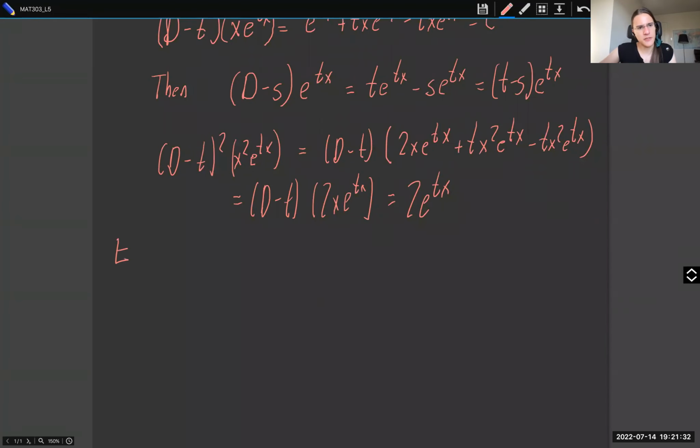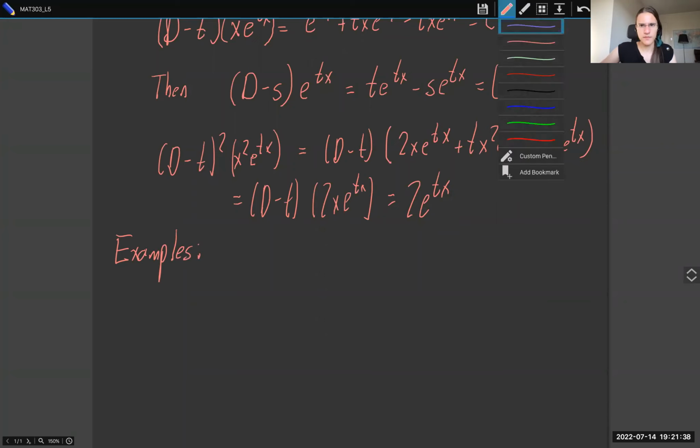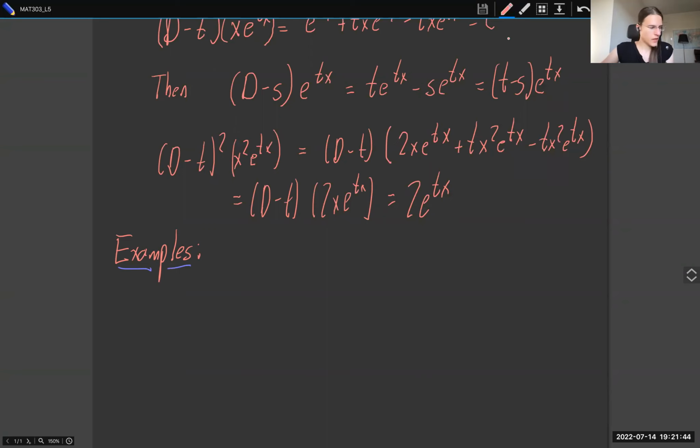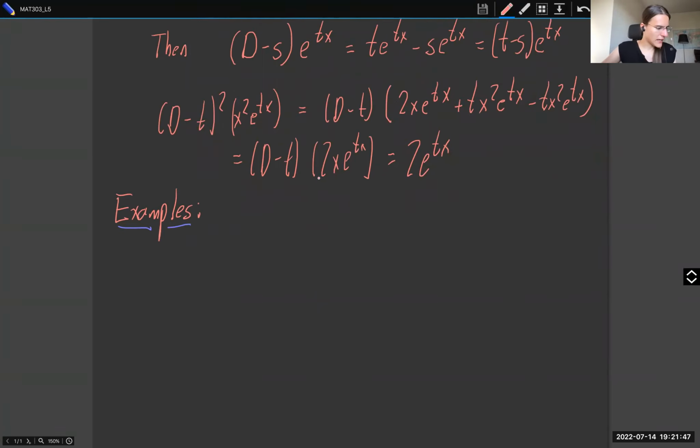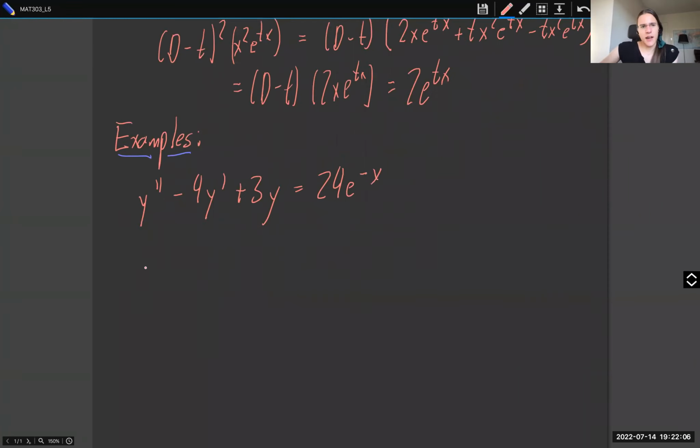Okay, examples. Let's say we have y'' minus 4y' plus 3y equal to 24 e^(-x). Then we consider lambda squared minus 4 lambda plus 3.